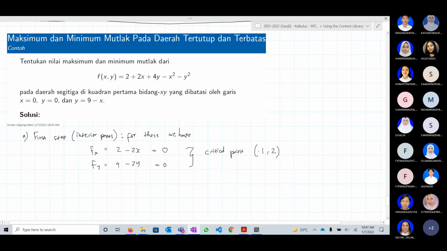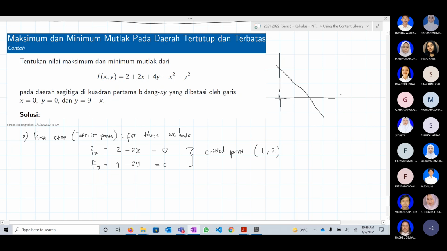Then we simply need to check whether this point is in the triangle. So basically we have this line, and let's say this line.